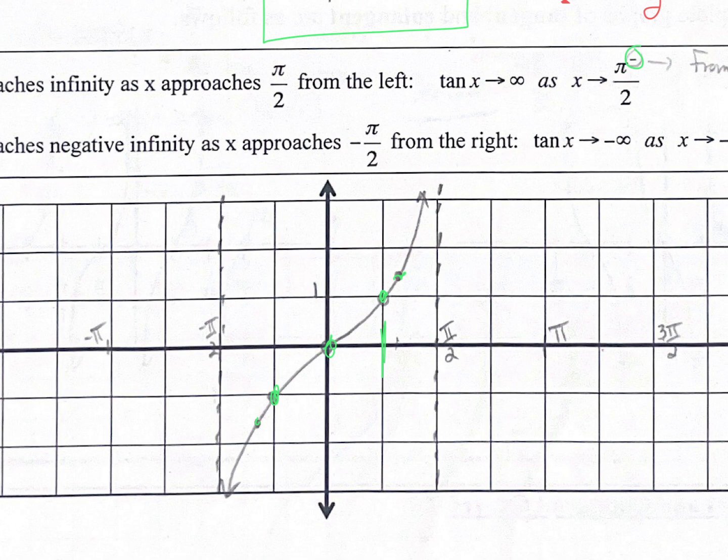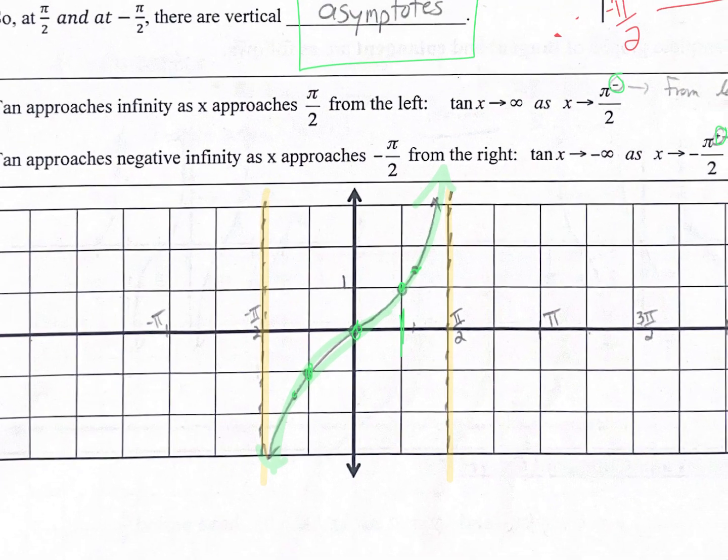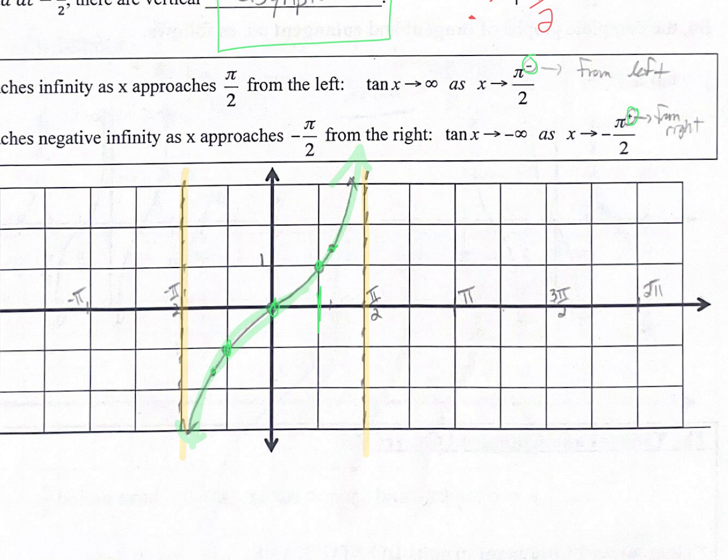And then we can see the asymptotes. We have asymptotes at pi over 2 and at negative pi over 2. So our graph approaches infinity as it goes to pi over 2, and it approaches negative infinity as it goes to negative pi over 2. If we wanted to graph more of it, you see the asymptotes are 4 boxes apart.